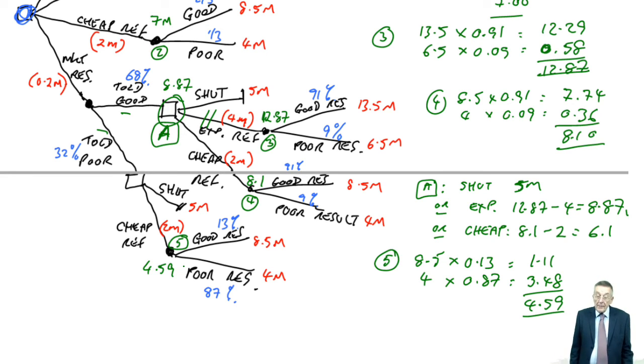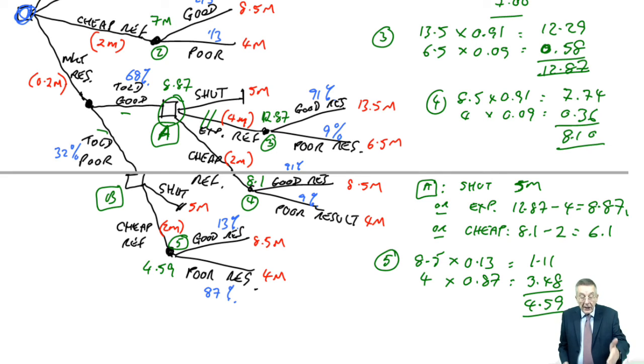what decision would I make at point B, where it's our choice? At B, I hardly need to write down, surely. It's our choice. We either shut and get 5 million, or we do a cheap refurbishment.